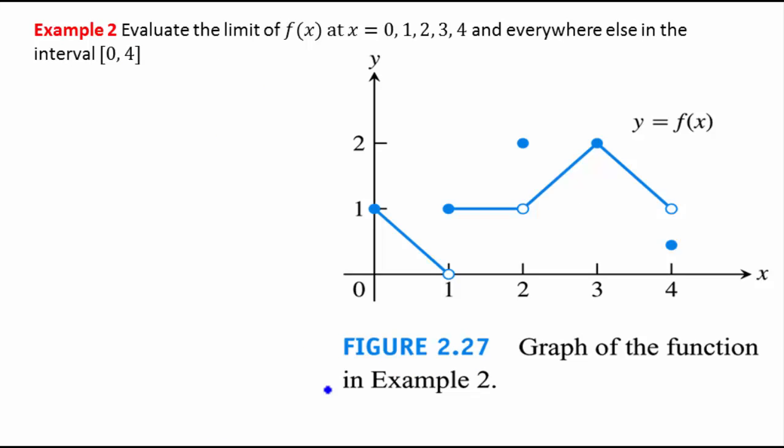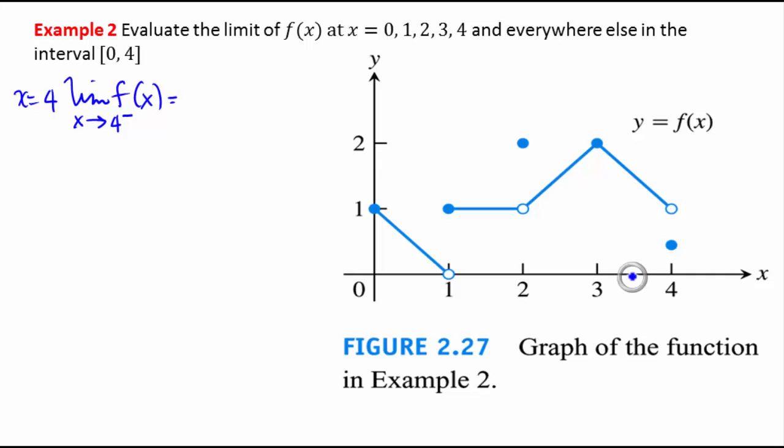Let's continue. Okay, so we already evaluated it at x equal to 0, 1, 2, 3, and now let's look at the other endpoint. The limit of f of x, so this is at x equal to 4. As x approaches 4, this time we want to examine as x approaches 4 coming from the left.